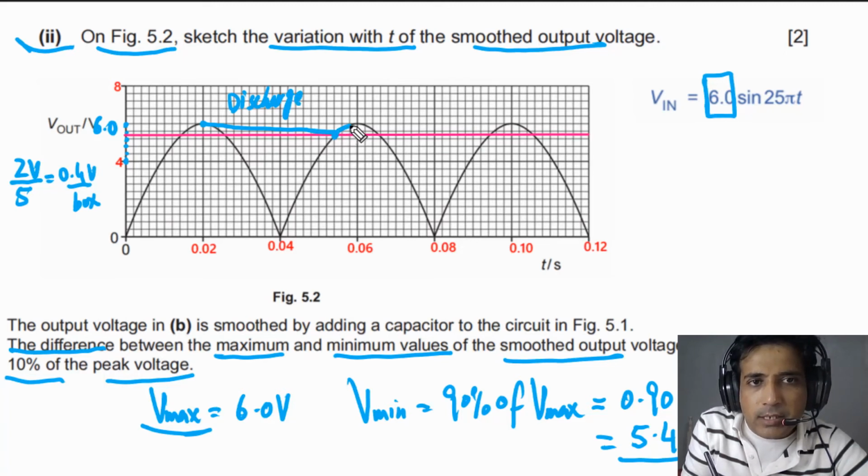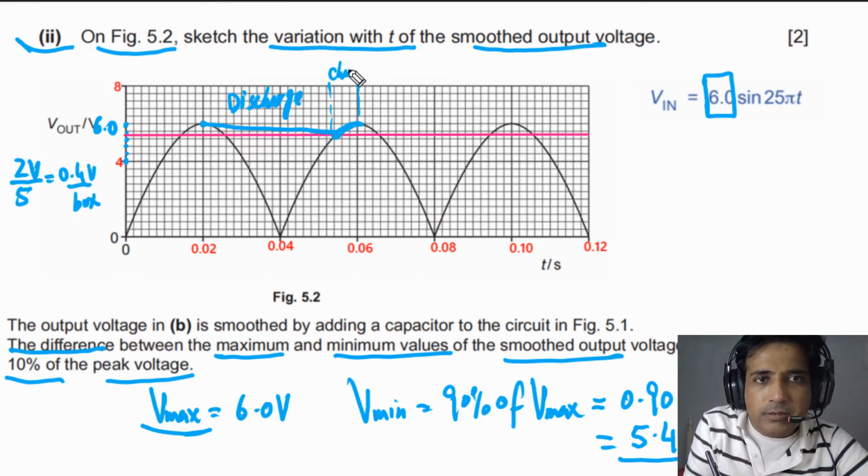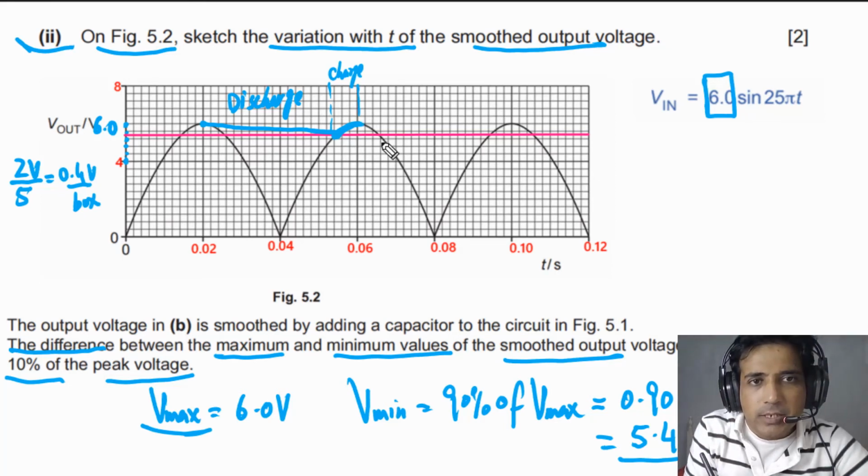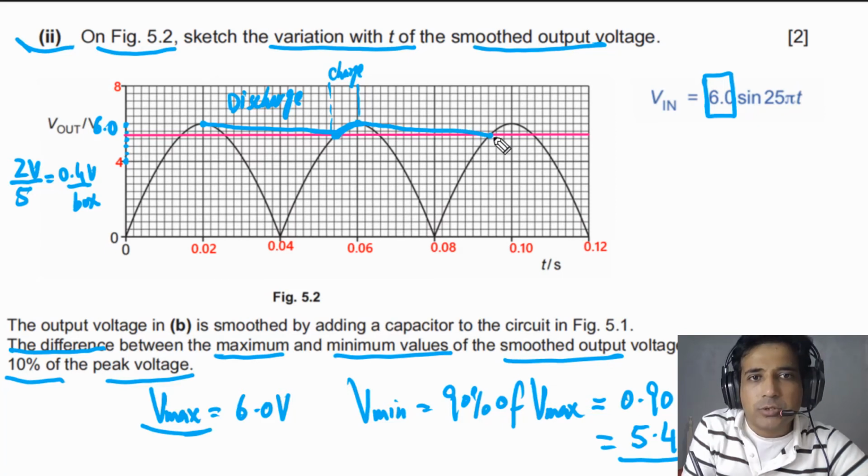And then again the capacitor will charge, means the voltage across the capacitor will increase and the capacitor will start charging. So in this region, the capacitor will charge because the voltage across the capacitor will increase. And again the capacitor will discharge because the voltage across the capacitor will start decreasing. So this is how you can sketch.